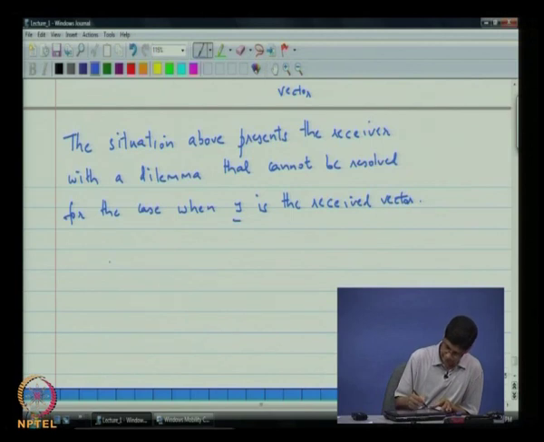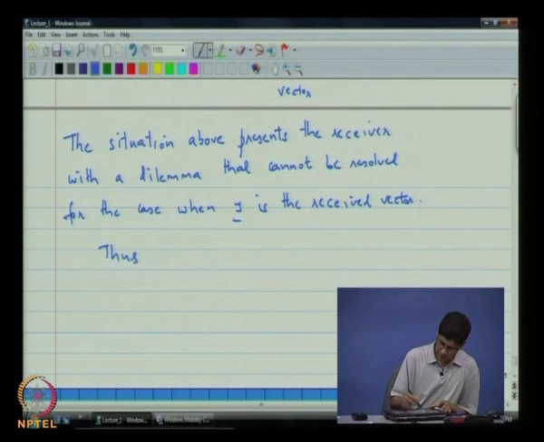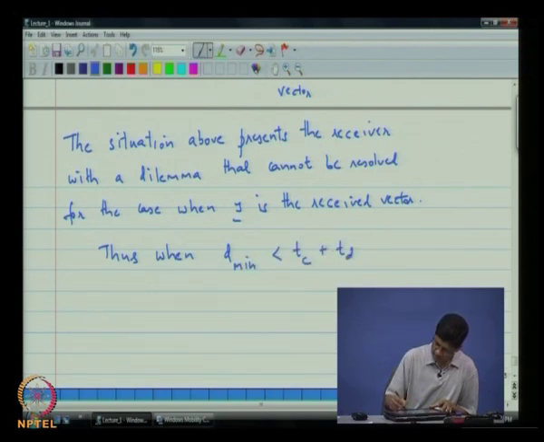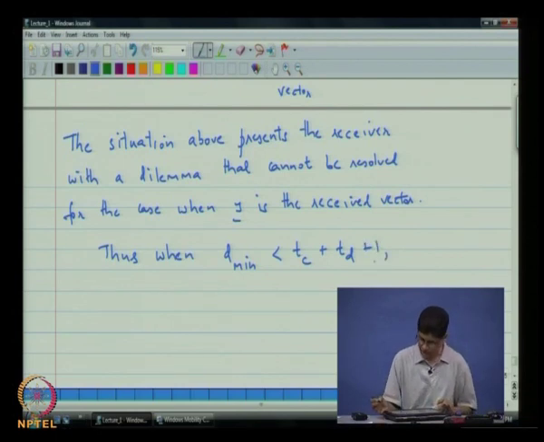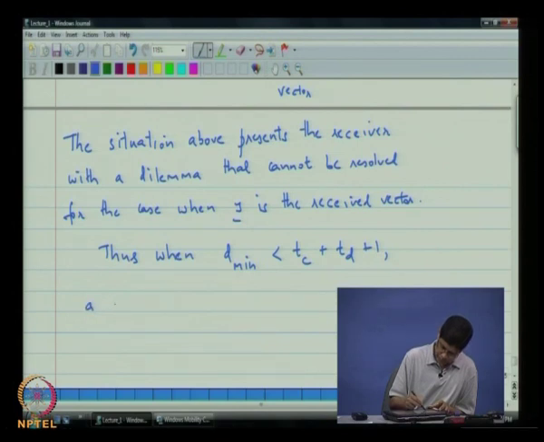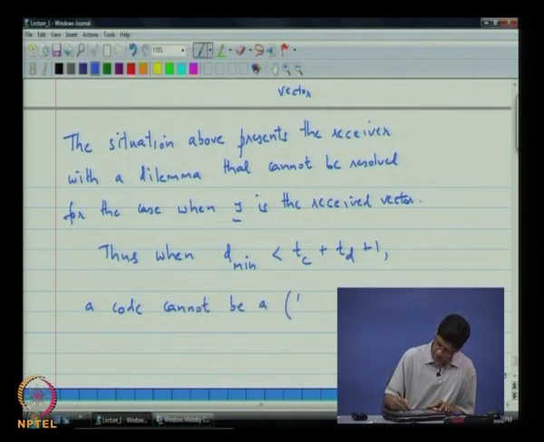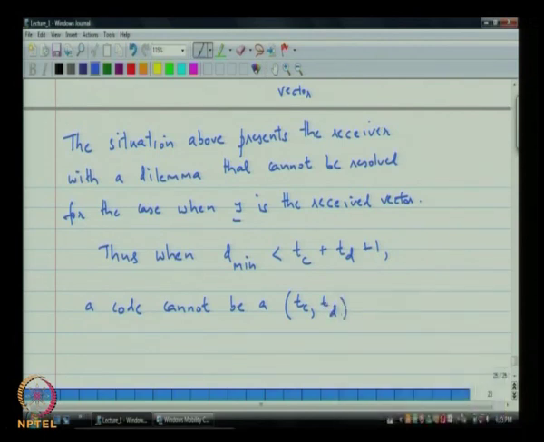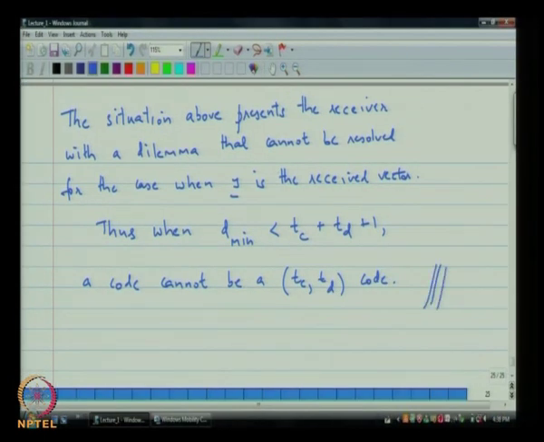Thus, when d min is less than t sub c plus t sub d plus 1, a code cannot be a t sub c t sub d code, and that concludes this proof.